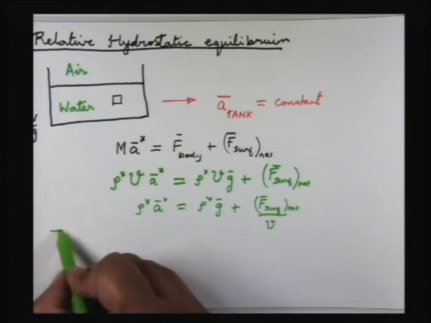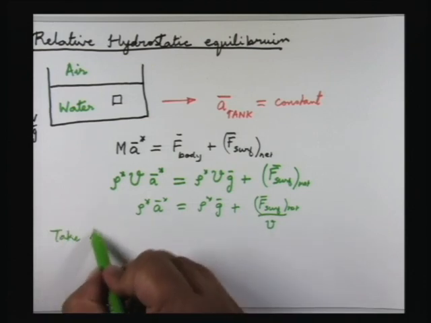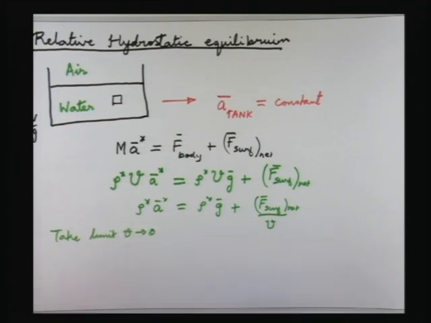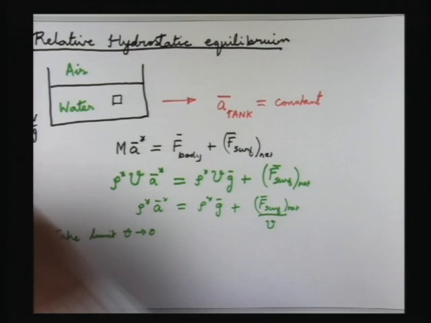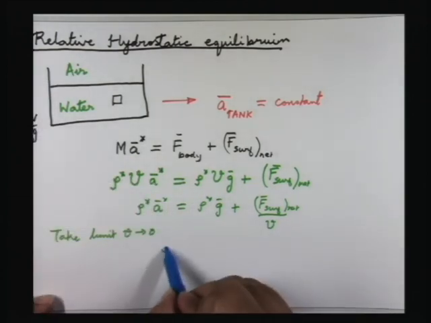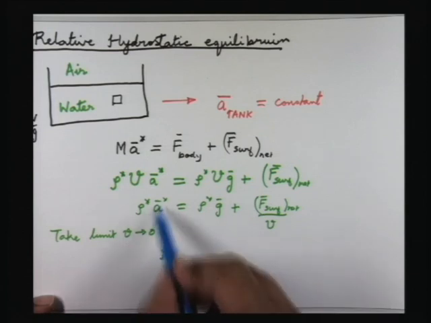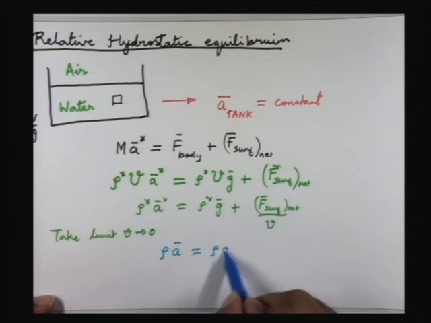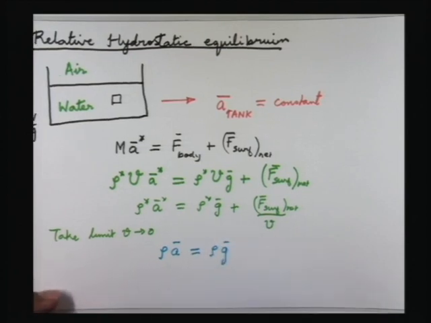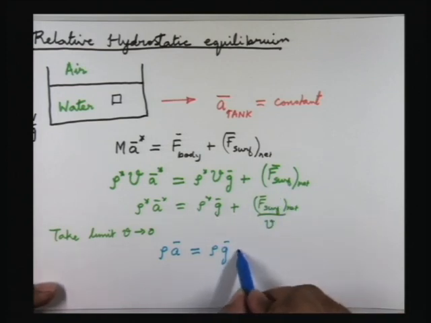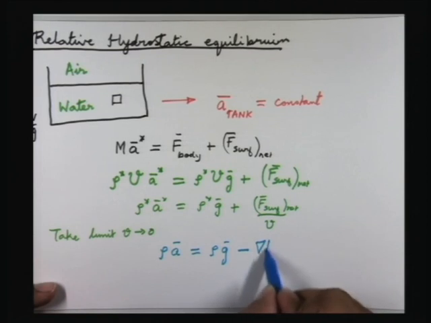Now we will take the limit V going to 0. Now when you take the limit V going to 0, this rho star, the average density, will become the local density. This average acceleration will become the acceleration of the particle, and this side will be again rho g, the acceleration due to gravity, which we are taking to be constant, and this quantity we have seen last evening as minus grad of P.